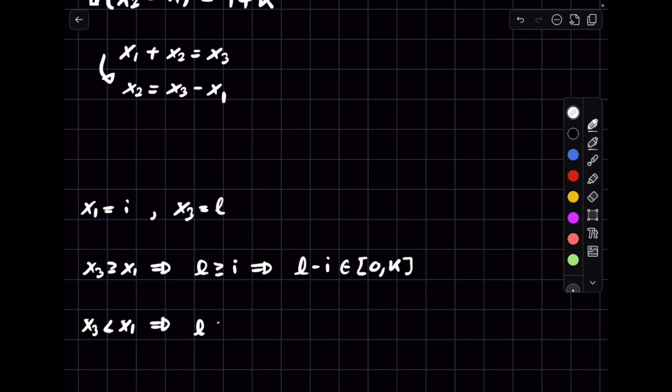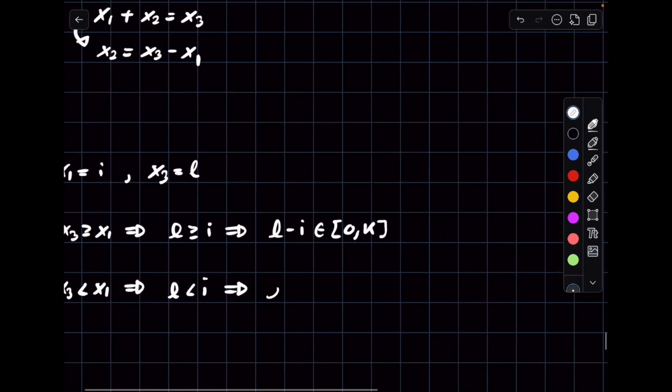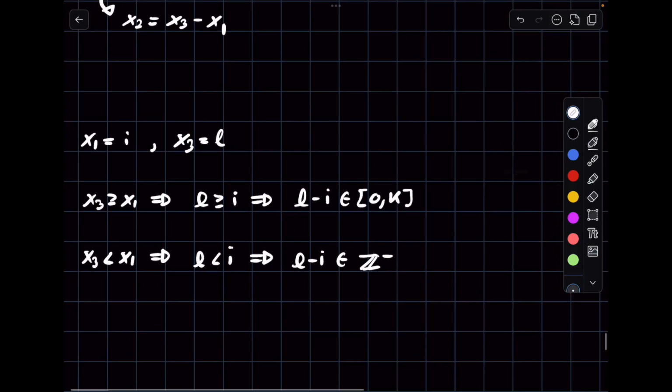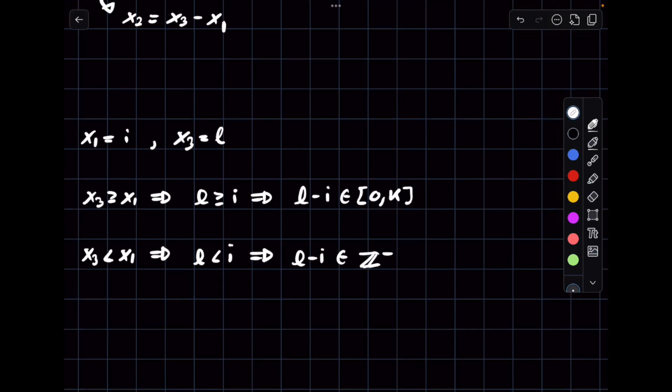Then it means that L is lower than I, meaning that L minus I is going to be negative. So we can just write it is in, then, oh gosh, like that, something like that. I think we can write it like that. It's an integer that's negative.